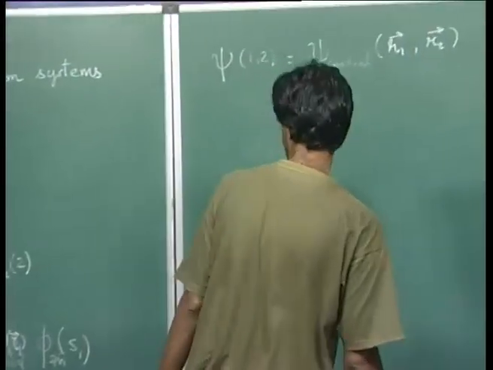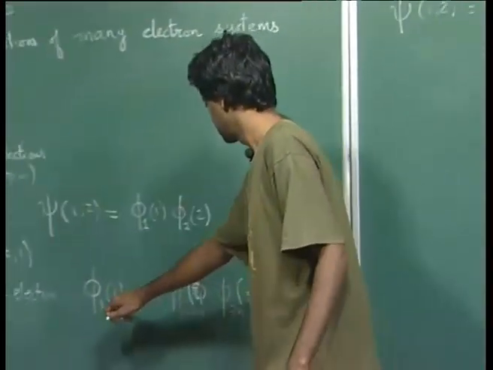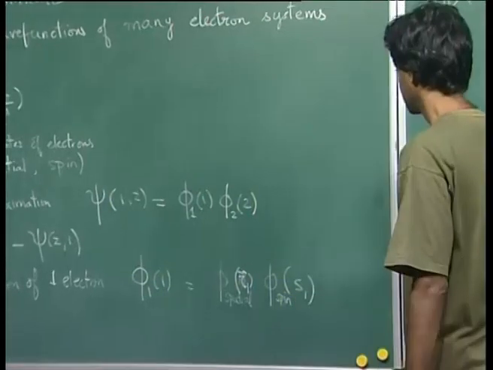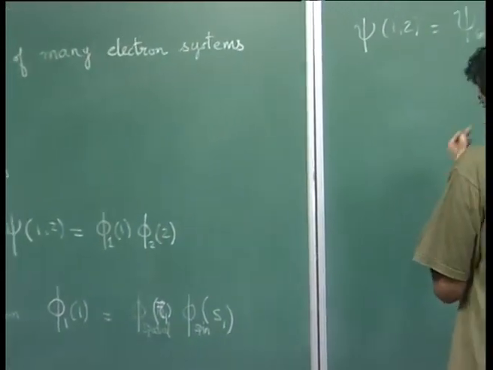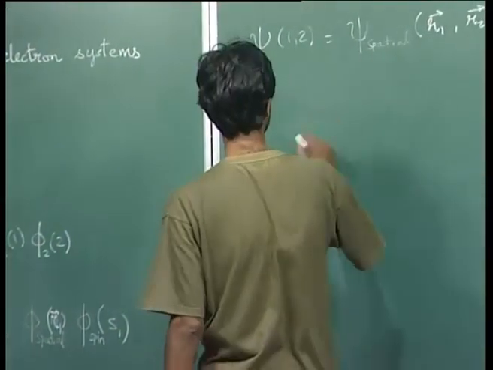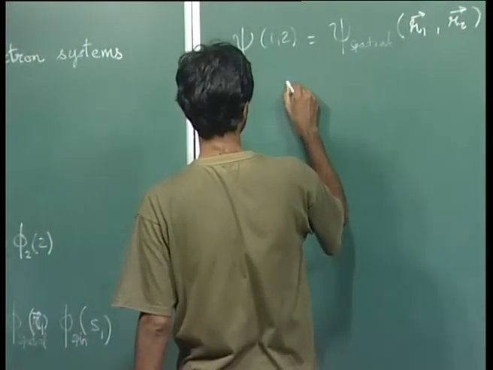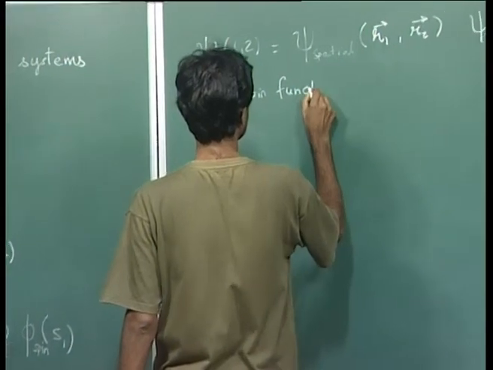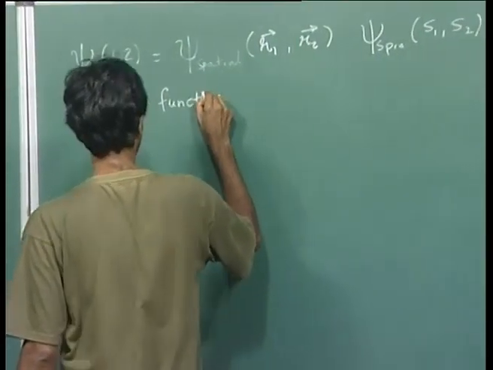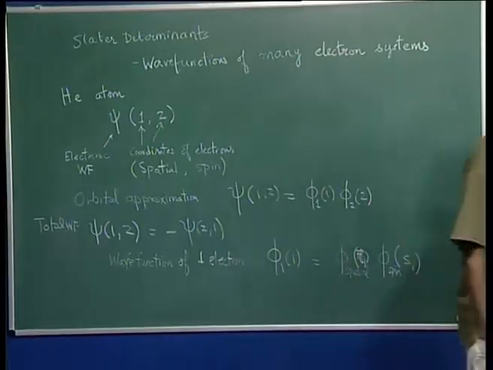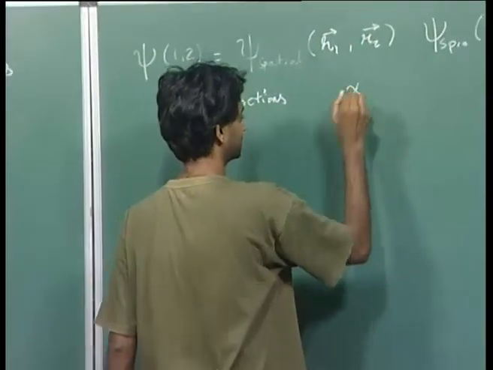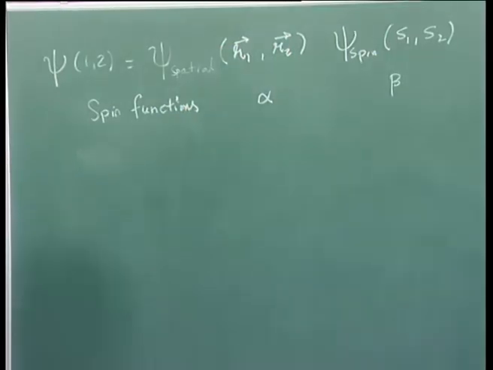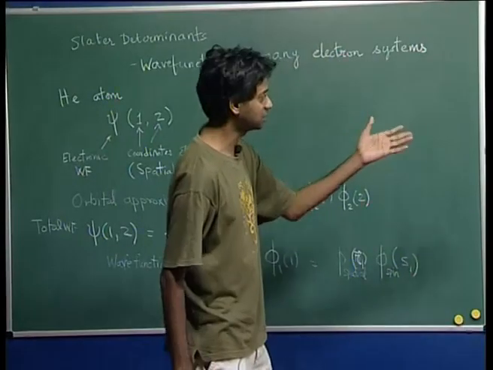Okay. Now since we can factor the orbital into a spatial part and a spin part, we can say that there are only two possibilities for these spin functions. The two possibilities are alpha and beta. Okay, so the spin function of any electron can either be alpha or beta.